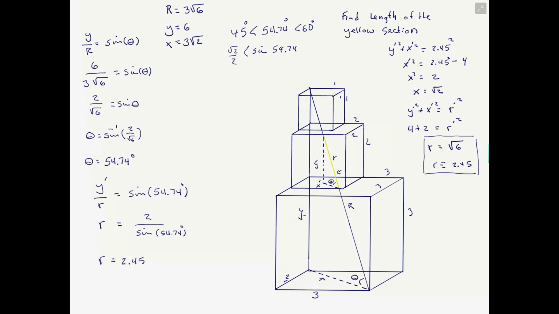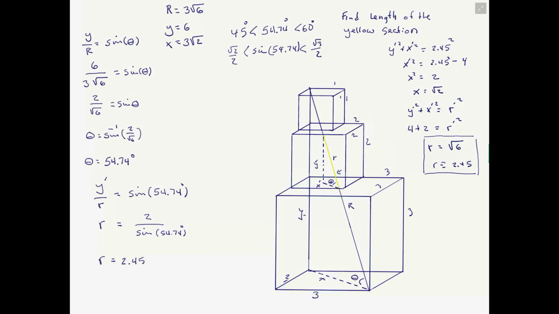So 54.74 is less than 60, but it's greater than 45, and so you can come up with estimates like that, which will allow you to find out what the sine of 54.74 is.